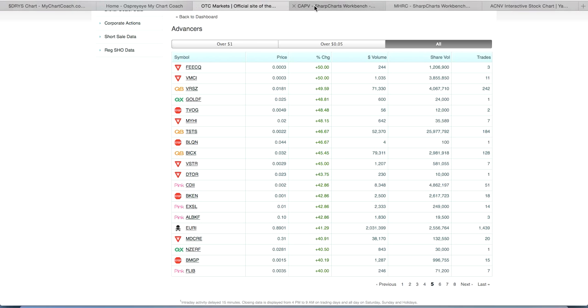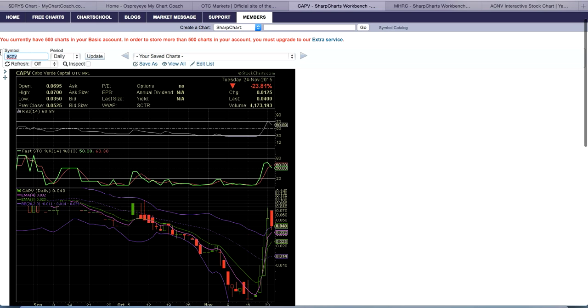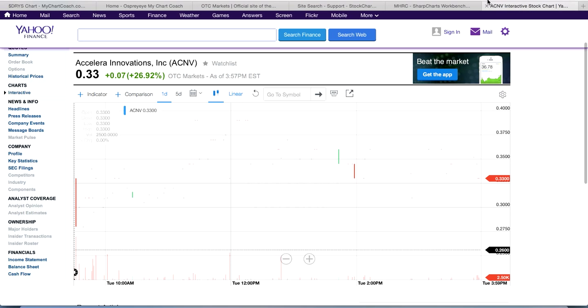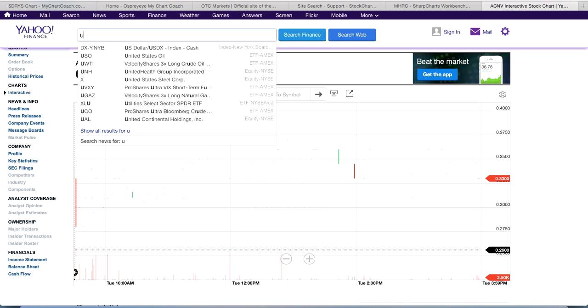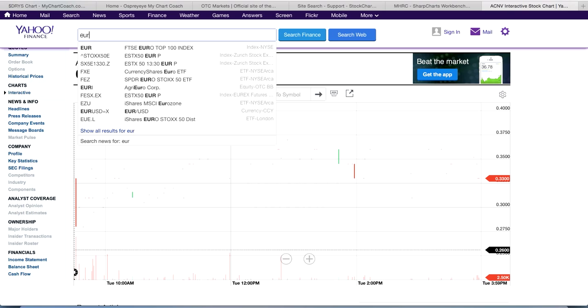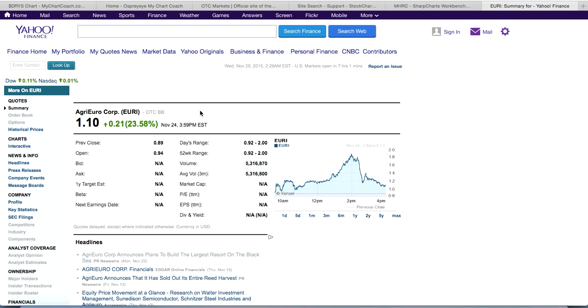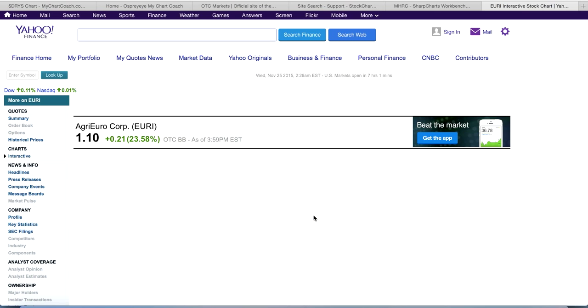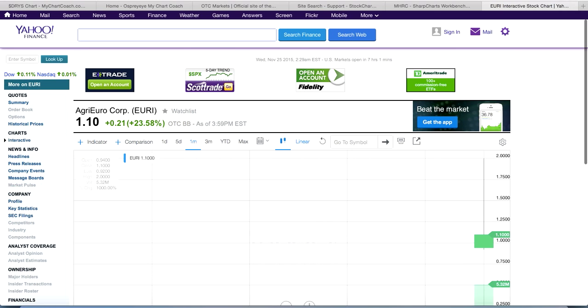This thing has been running, and even though it's not on stockcharts.com, it was still worth taking a look at because it had such a big move and such a big money flow, because that's what we're looking for.